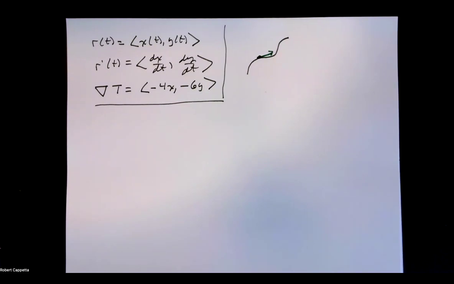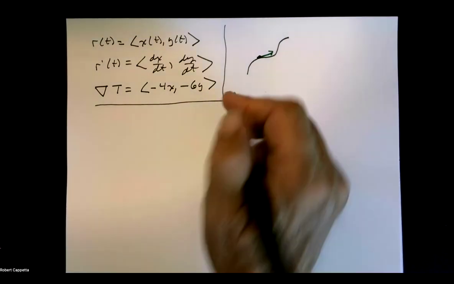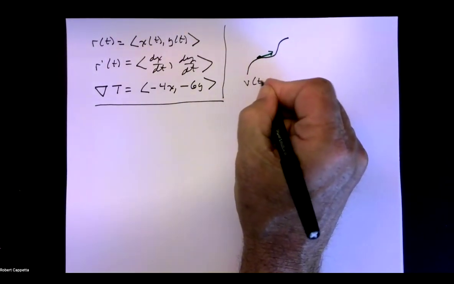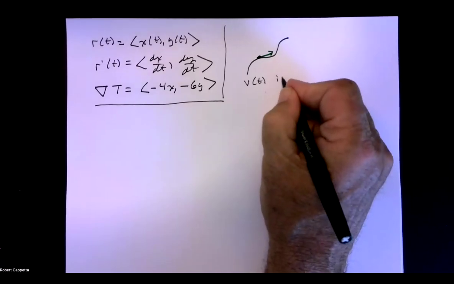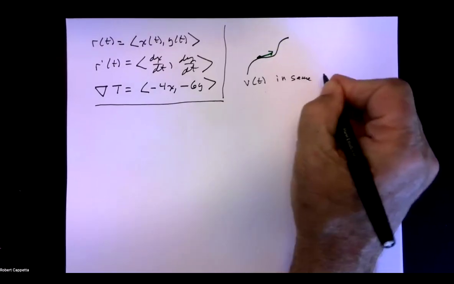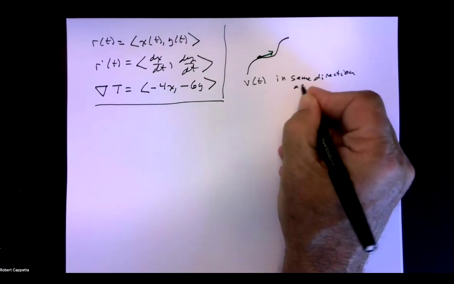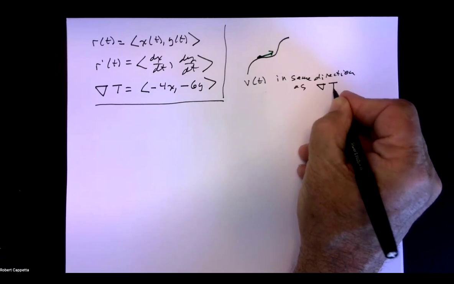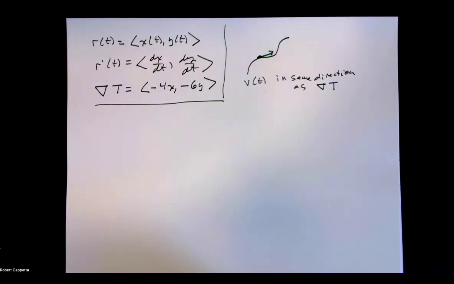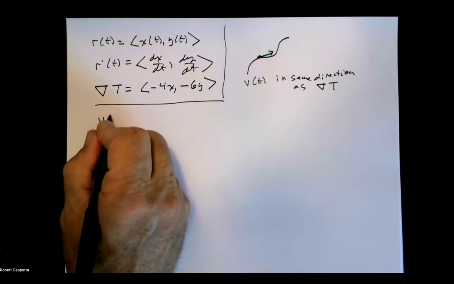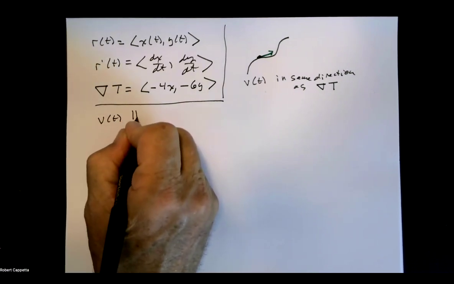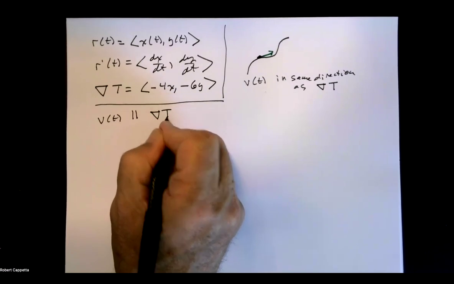So the velocity vector has got to be in the same direction as the gradient. What would that mean? That does not mean the vectors are the same. That means that the vectors are parallel. So v of t is parallel to the gradient of T, to del T.